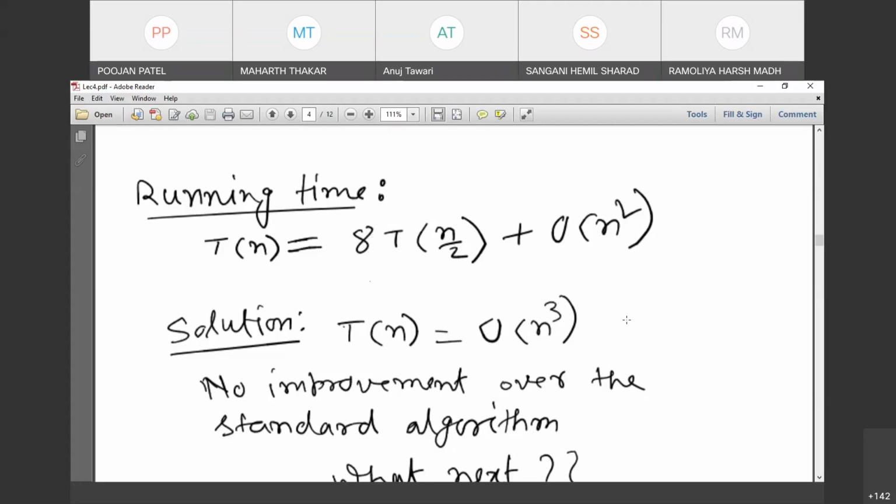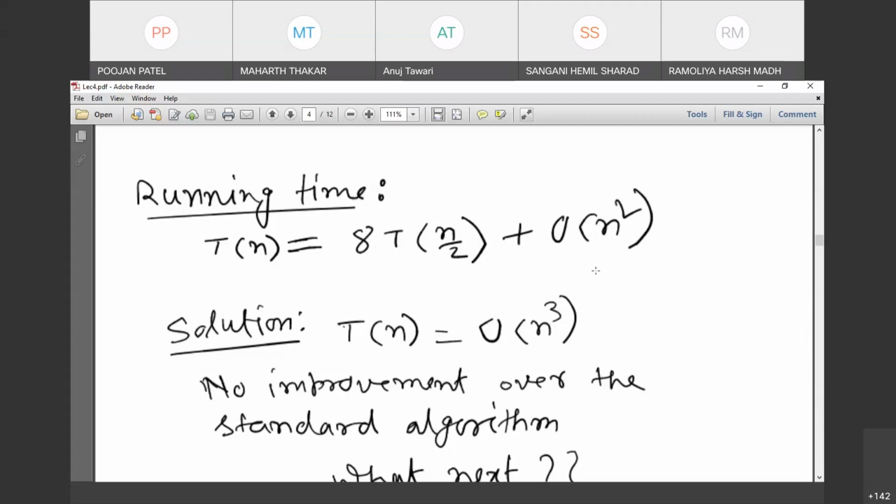And I think you can't go below 7. There are some lower bounds. You can't do T(n) equal to 6 T(n by 2) plus something like that. To improve upon that algorithm, it will take some advanced techniques.